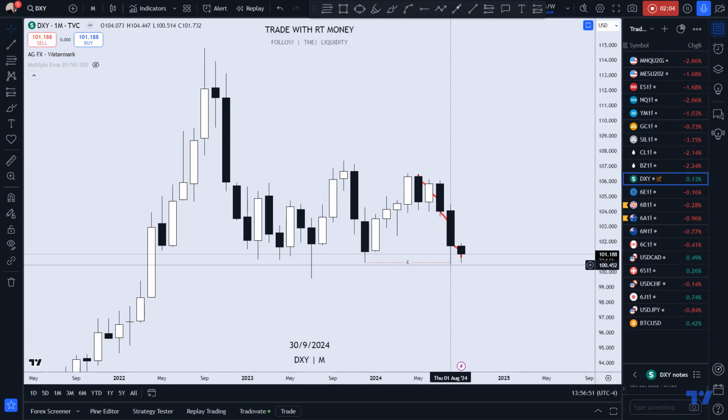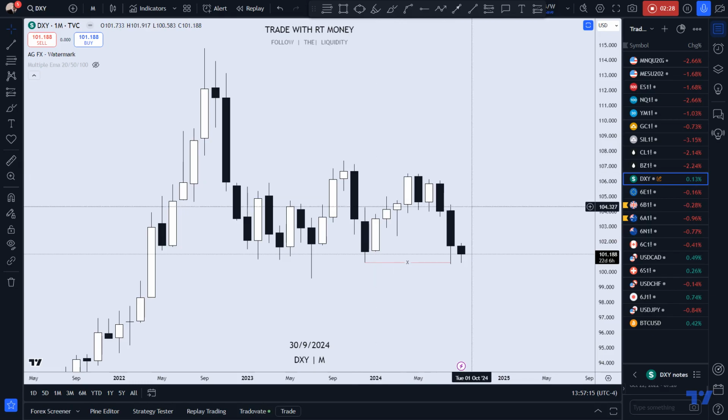Not necessarily. You see how it kind of bounced here after it took the low? Well, when you take an important low like this on a high time frame like the monthly, if it doesn't trade through it where you see a close below that low, it indicates to me that it has unfinished business up higher.